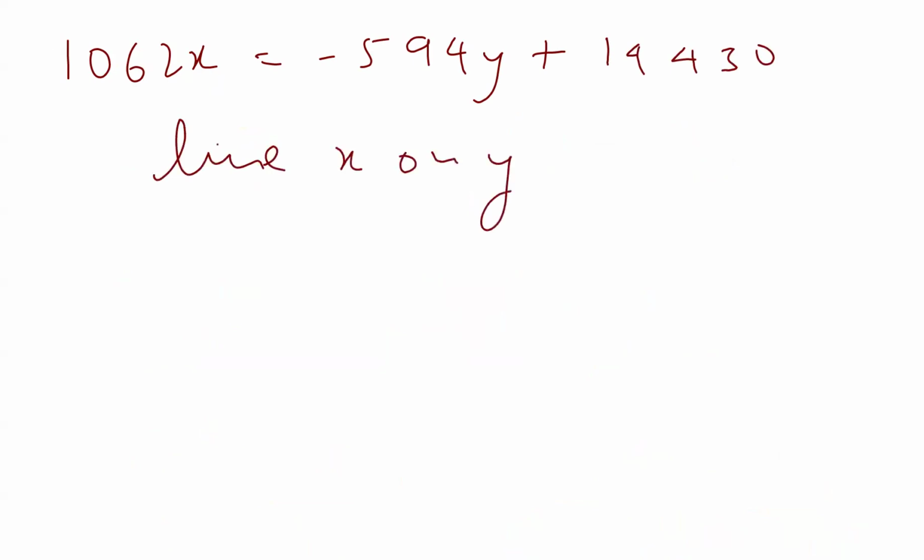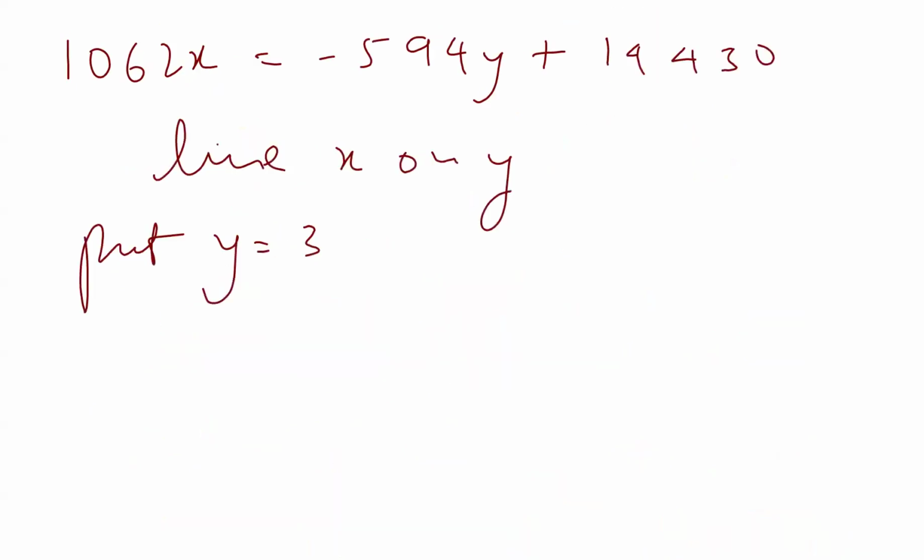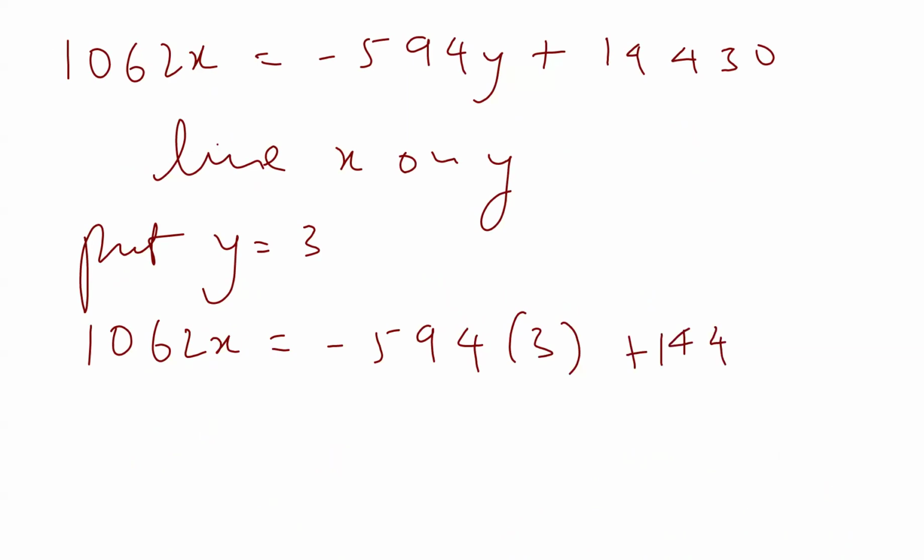Now we'll put the value of Y as 3. Yes, we are going to put the value of Y as 3 in this. So let's put y equal to 3. 1062x equals minus 594 into 3 plus 14430.